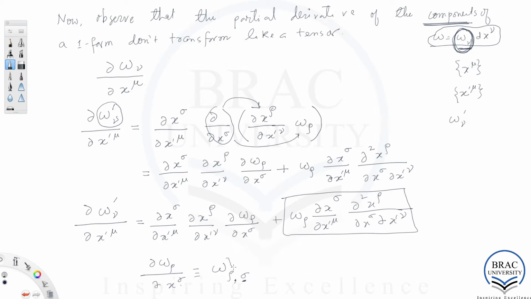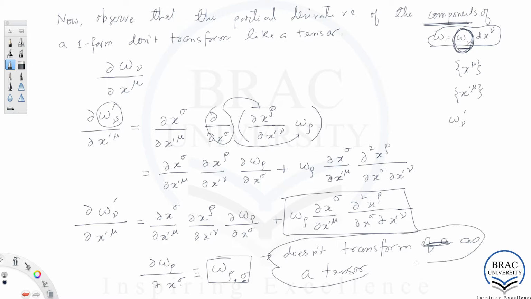This was the original component of one form that we are trying to take partial derivative of, and this thing does not transform as a (0,2) tensor. This does not transform as a tensor.